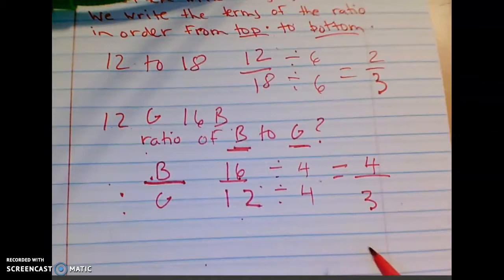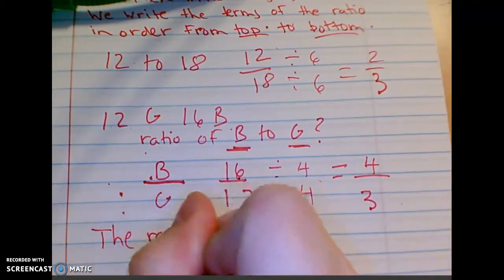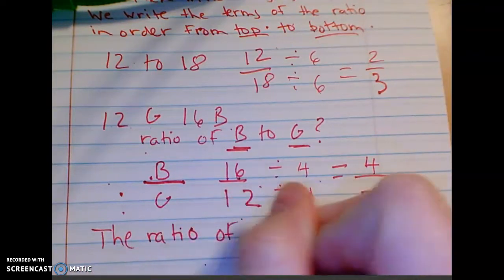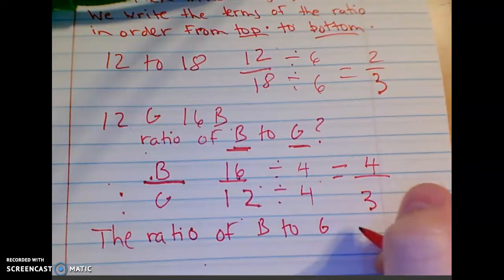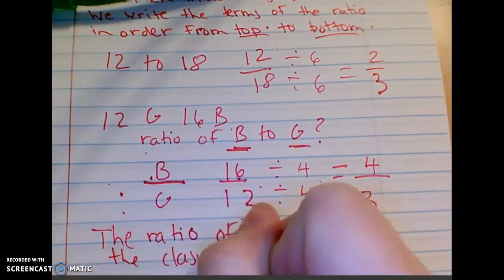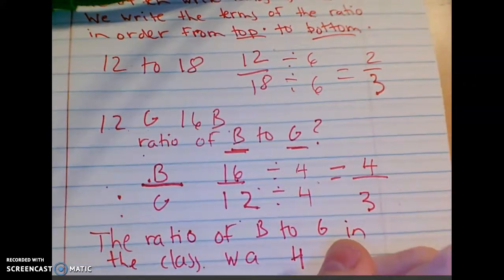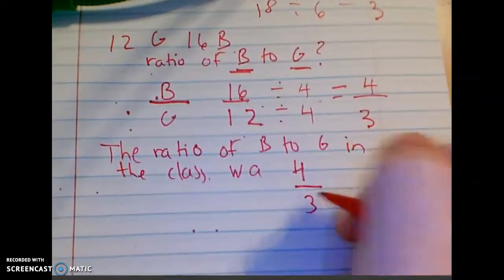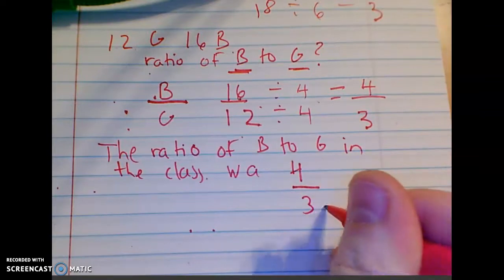And then we're able to say that the ratio of boys to girls in the class was, and again we read it as, 4 to 3.